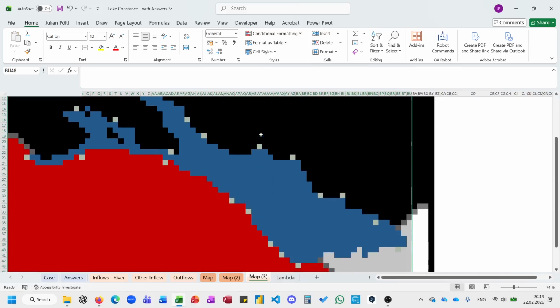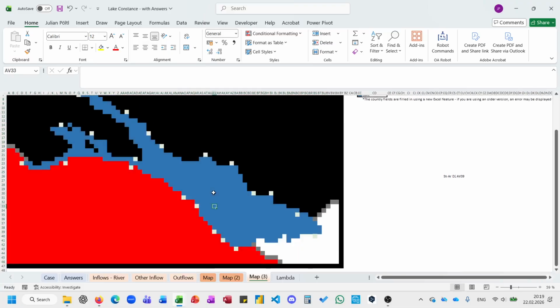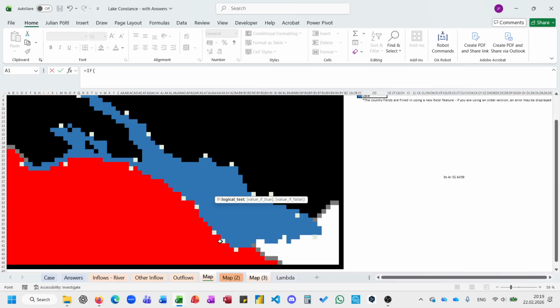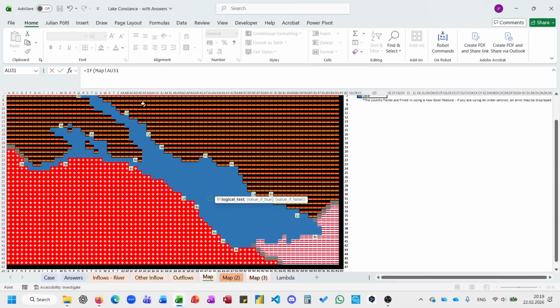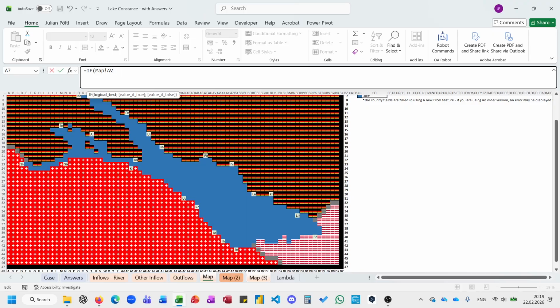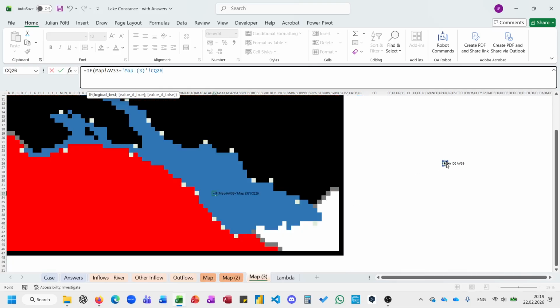And now we do the following. So you write an if formula. So if we are in a cell, in which the AV33, that's important. If here on the map with those names, AV33 equals here Stein am Rhein, I think it is. So our cell there where we want to start, then it's 0.